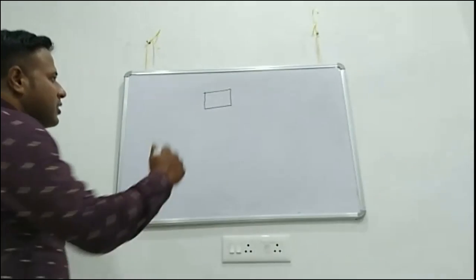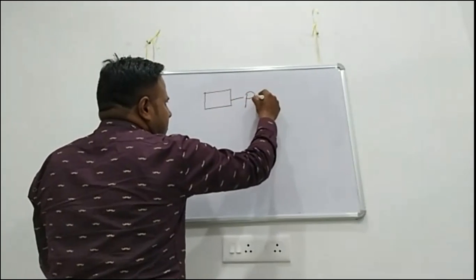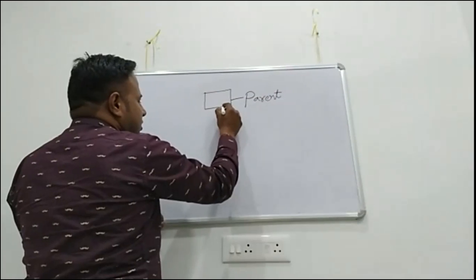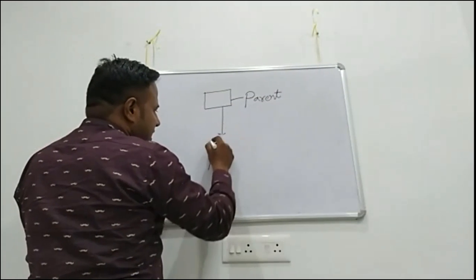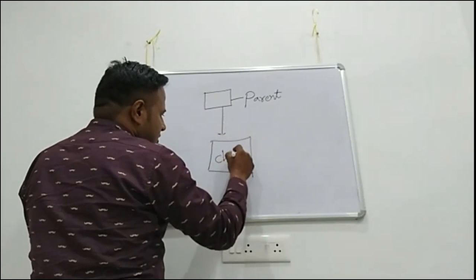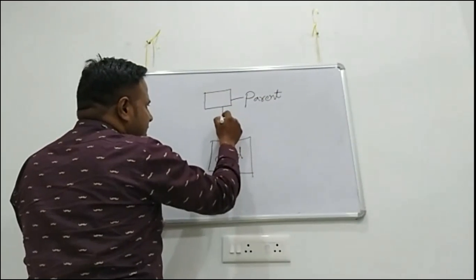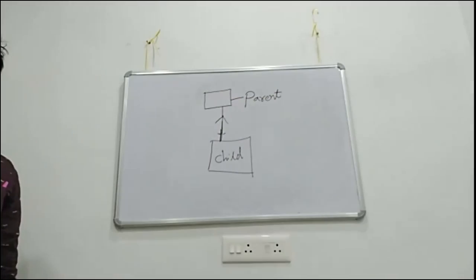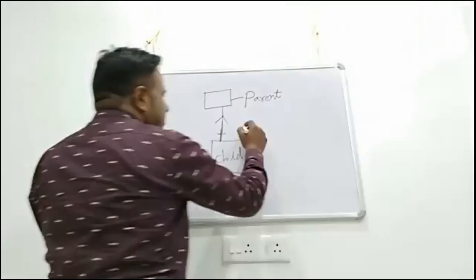Suppose this is a parent class, and this is a child class. This child class derives its set of attributes from one parent class. Okay, so it is called single inheritance.